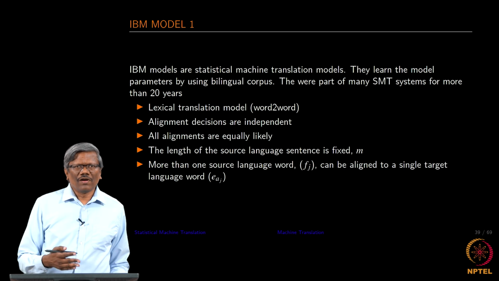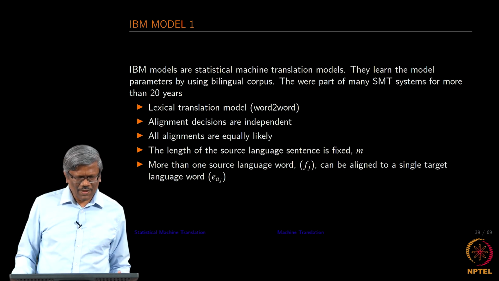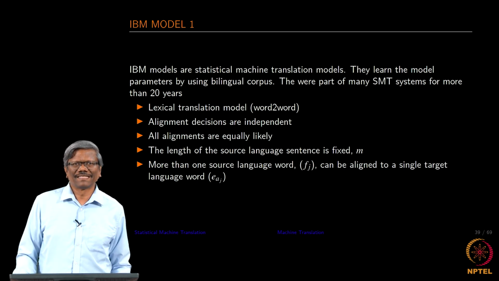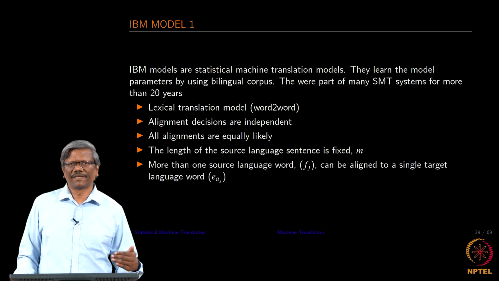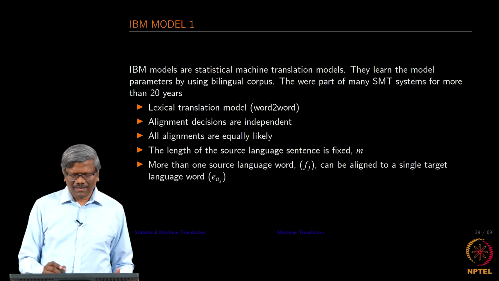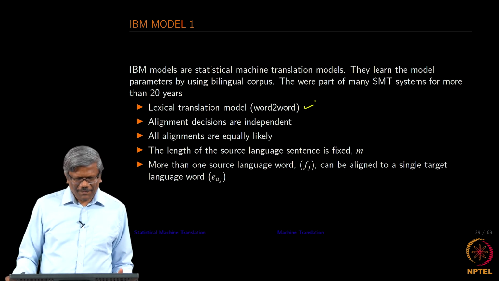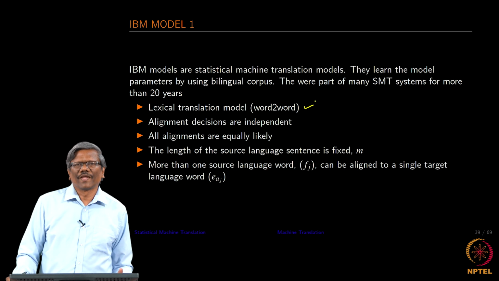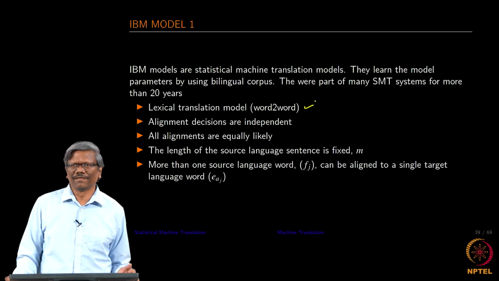The model that we have chosen, IBM Model 1, is a lexical translation model. It is a word to word translation that uses the alignment that we had seen earlier. In this case, the alignments are independent. The decision in terms of aligning the word "le" with "the" is independent.